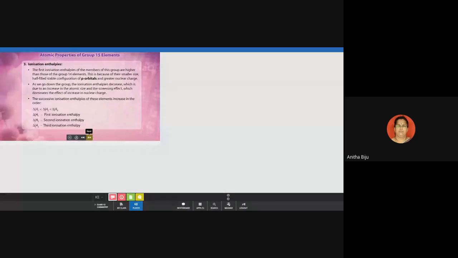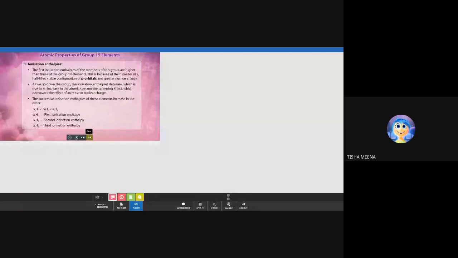So let us think about the definition of ionization enthalpy. Can anyone define the term ionization enthalpy? Unmute yourself and you can say the answer.